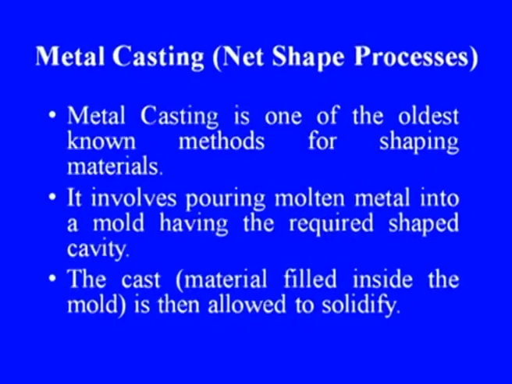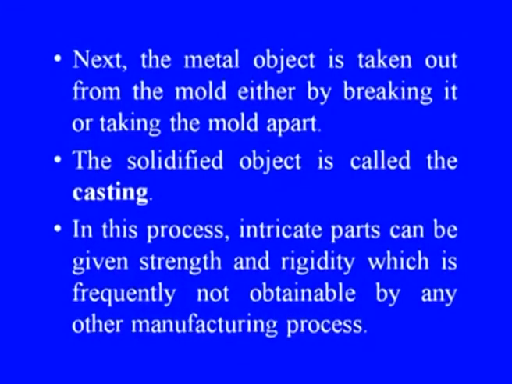It involves pouring molten metal into a mold having the required shaped cavity. The cast, also called material filled inside the mold, is then allowed to solidify. Next, the metal object is taken out from the mold either by breaking it or taking the mold apart.